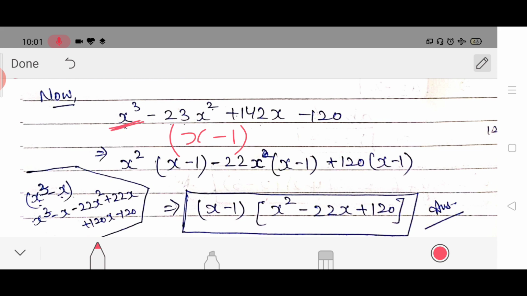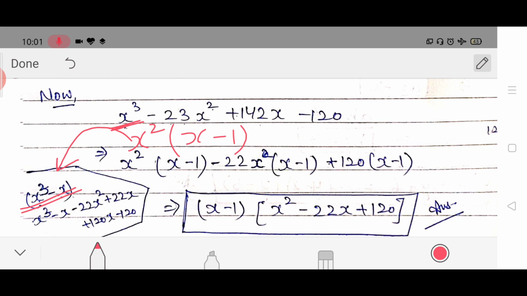So what should we multiply x - 1 by to get x cube? If we multiply x - 1 by x square, we will get x cube. So if you multiply x square by x - 1, what is the result? x cube minus x square.